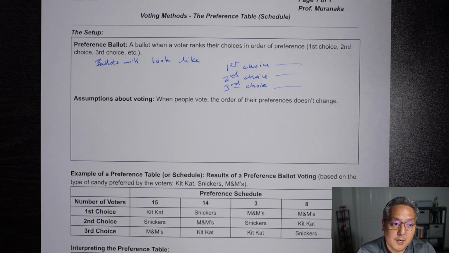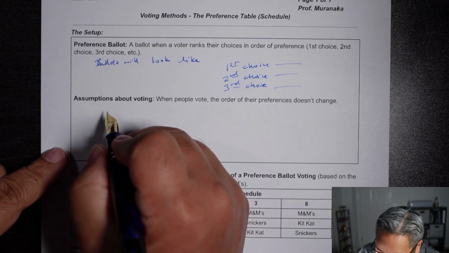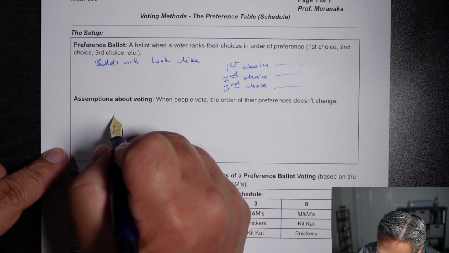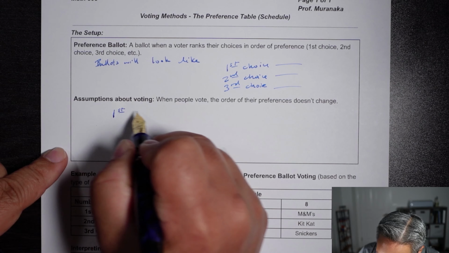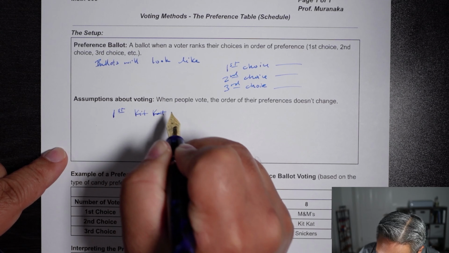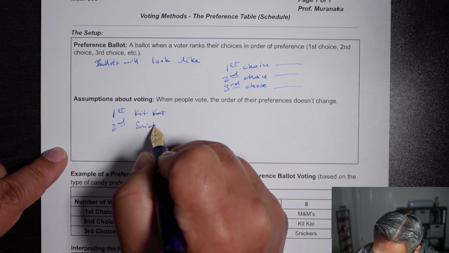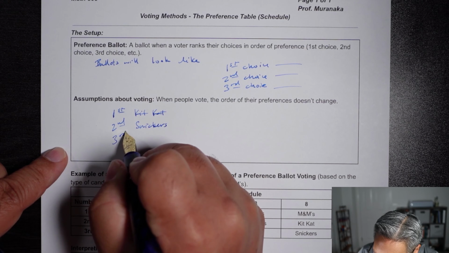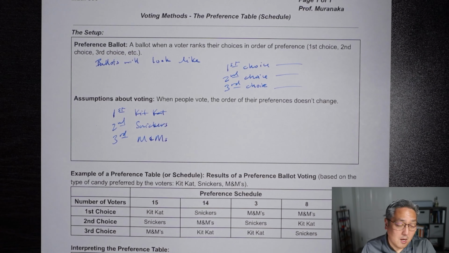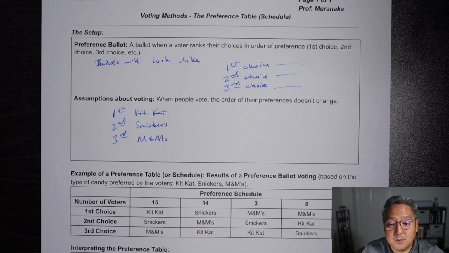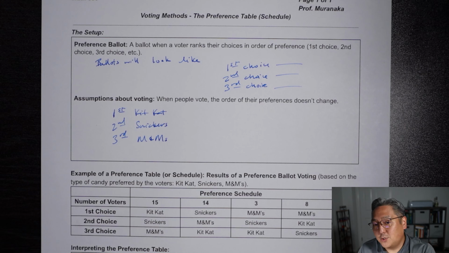In other words, let's suppose that your first choice for candy was Kit Kat, your second choice was Snickers, and your third choice was M&Ms. What I mean by your preferences won't change is that, suppose you go to the store and they're out of Kit Kats.